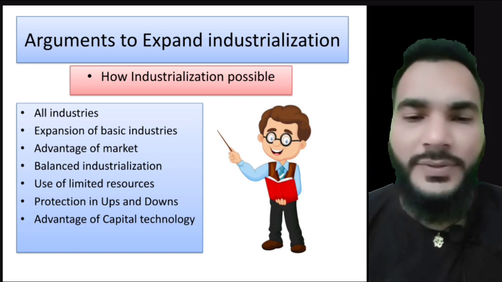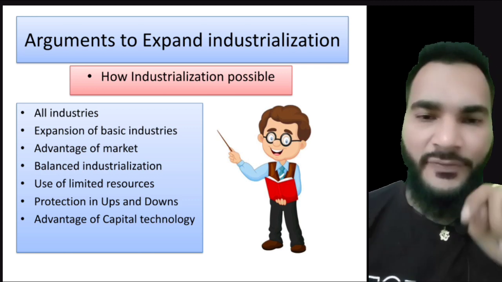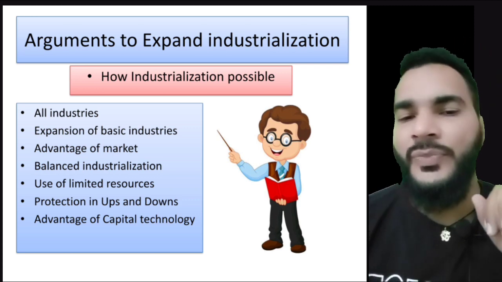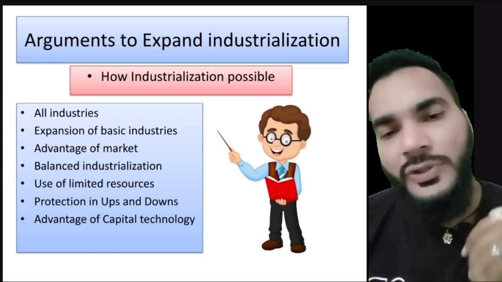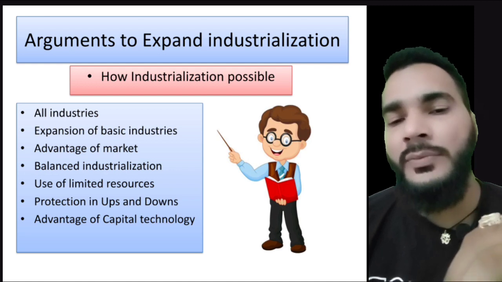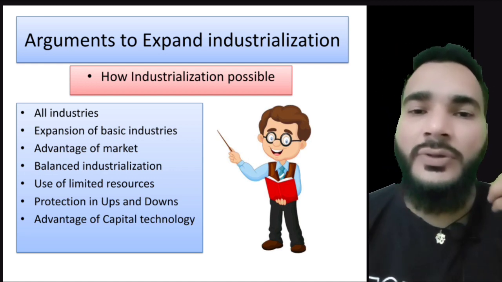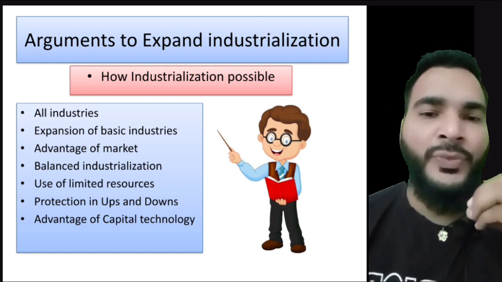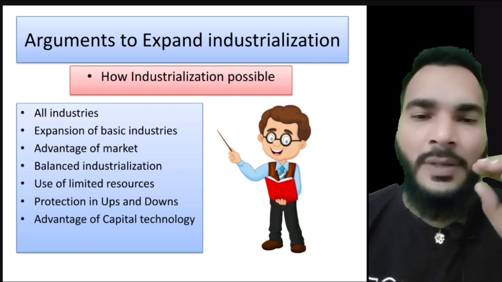Use of limited resources. Now let me help you with one example. If you only specialize in agriculture, now what would happen, we would be taking more and more resources from agriculture, we would be using maximum natural resources. Now what would happen after 10 years or 15 years, we would not be able to focus on agriculture, right? So let me give you one more example.